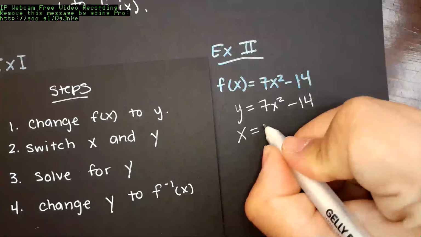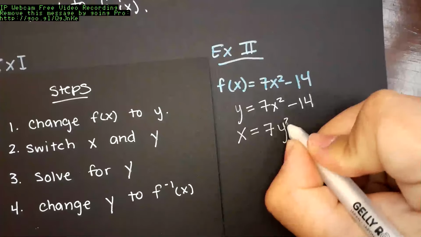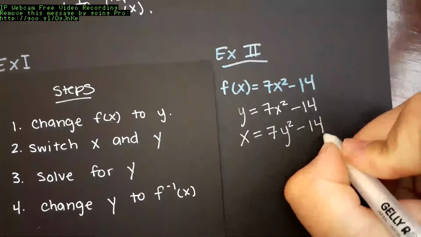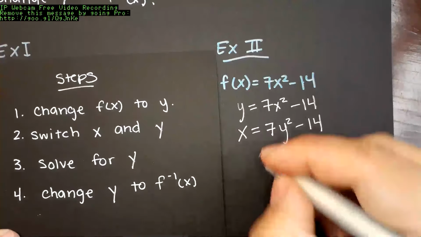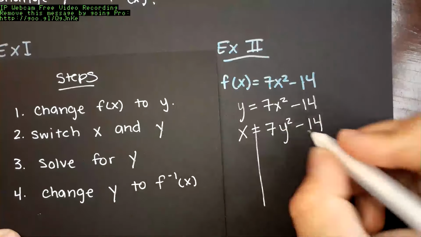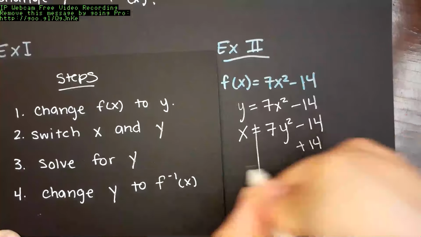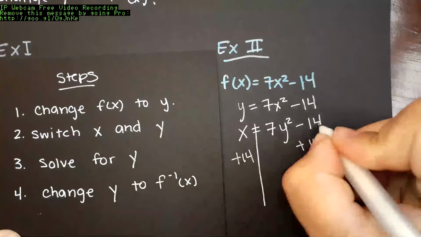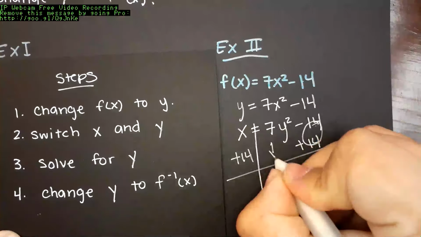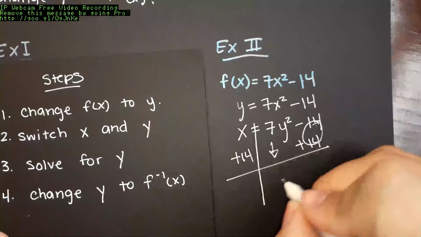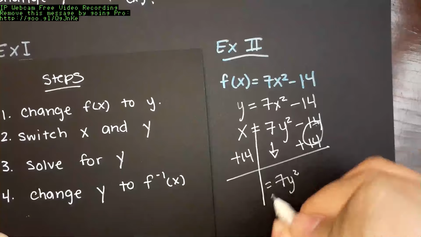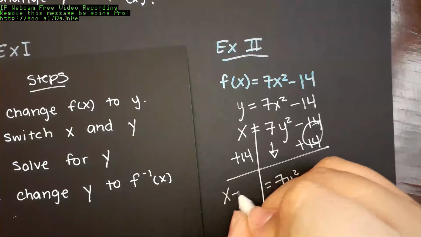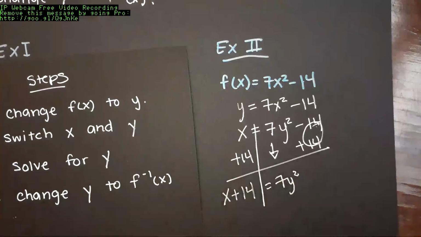So my y's become x's and my x's become y's. Everything else stays the same. My third step is to solve for y. So I'm going to move this 14 over. This becomes 0. I drop down my 7y squared. So I have 7y squared equals, and nothing over here simplifies, so I just rewrite.